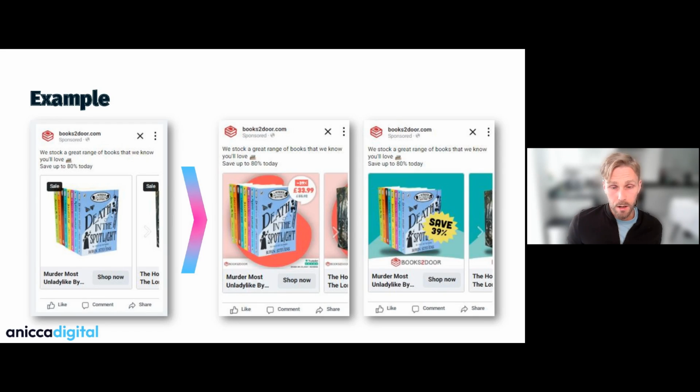So here's an example of when we use the software. We were running the original type of catalog ad for a long time. It's just plain white backgrounds, products, fairly plain, non-branded. What we did was introduce a software called Confect, where we can design templates, and then we introduce different variations.